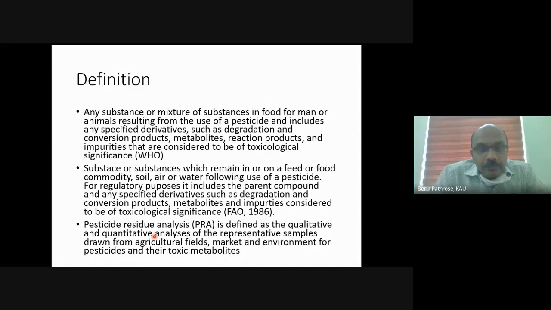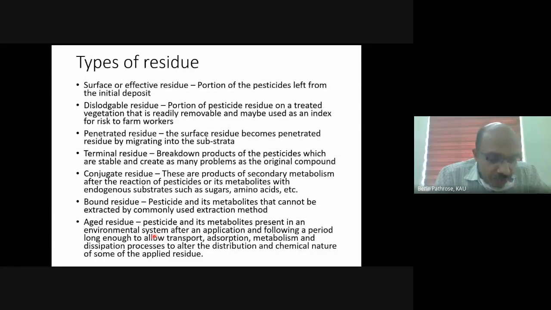So I think both definitions, the residue definition and the residue analysis definition, are now familiar to you. Now we will go into the types of residues: how residues are classified and what the different kinds of residue are. The first kind is surface residue or effective residue. Consider a scenario.